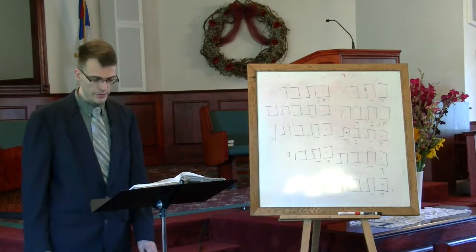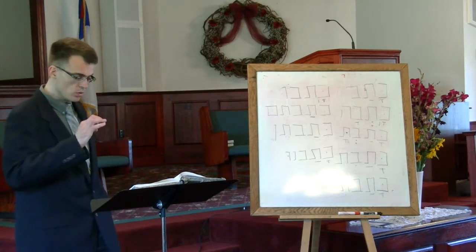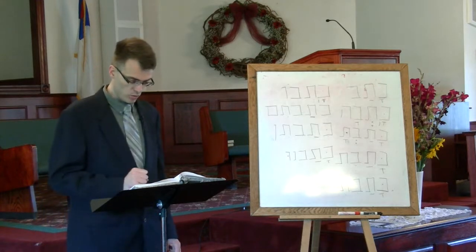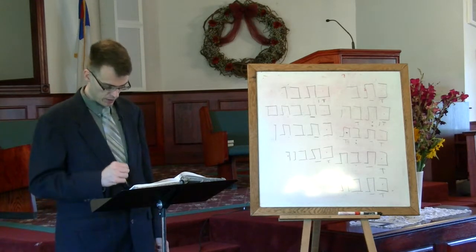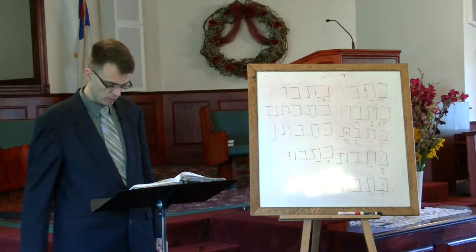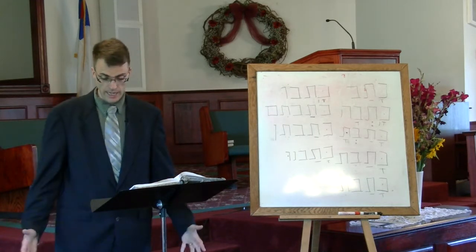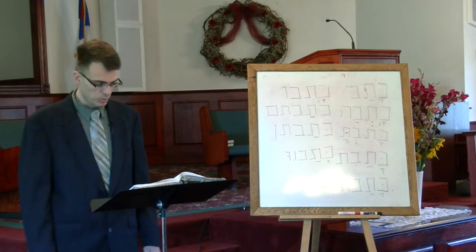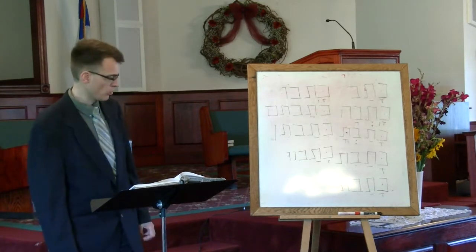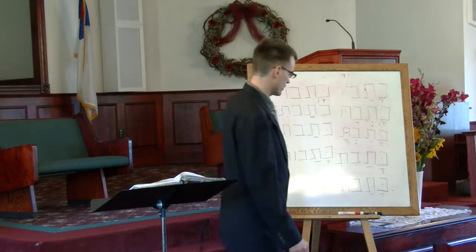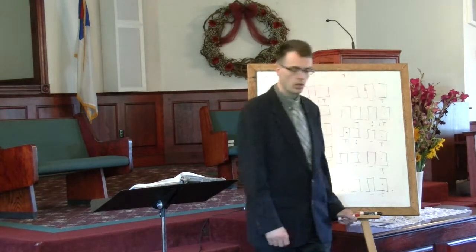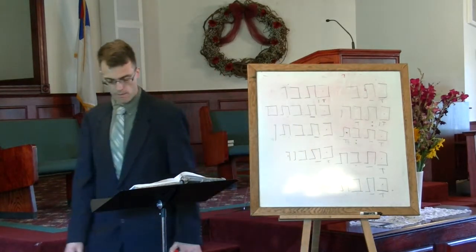Now, on the ones where you'd want to put a dagesh in the resh, in arotha, aroth, arothi, arothem, arothen, aronu, you can't. So since you can't put the dagesh in the resh, what happens to the first vowel underneath the aleph?